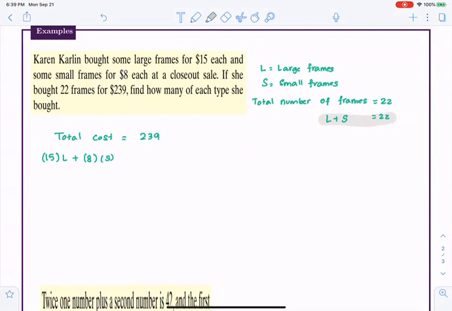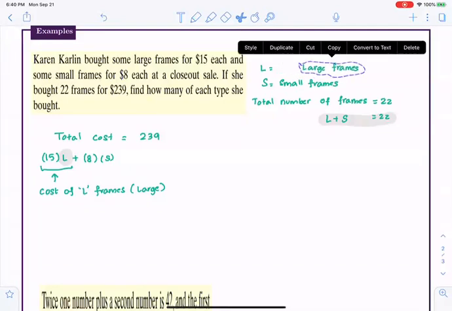So if I pick an arbitrary number, L frames, that should cost her 15 times L. So if we break it down, this is the cost of the large ones. And likewise, we have S number of small frames. I should probably write this as number of frames. Probably makes better sense.